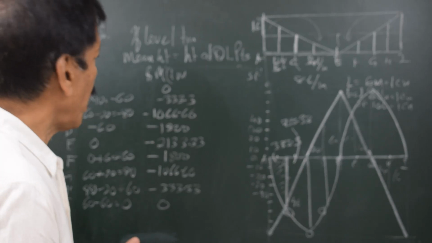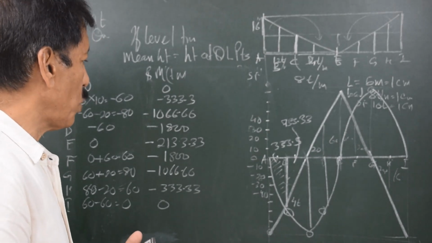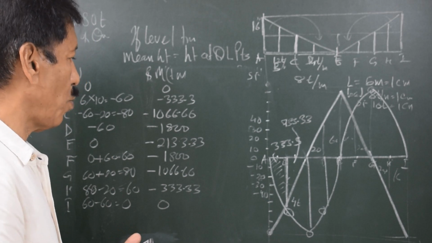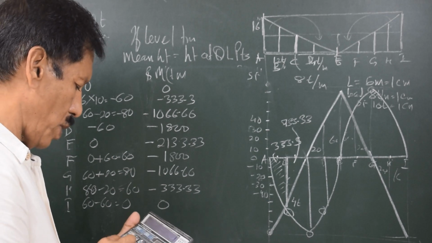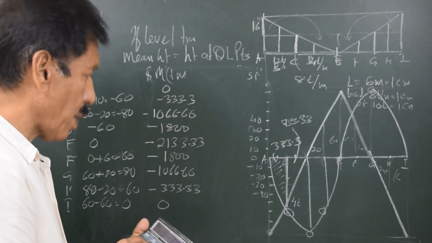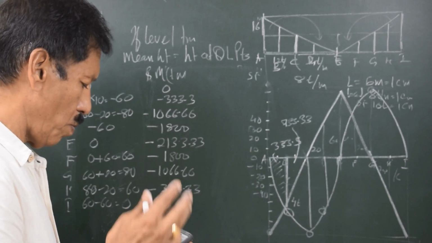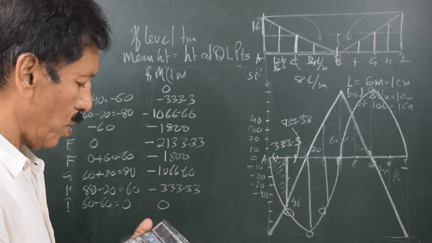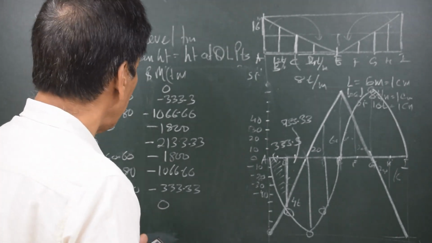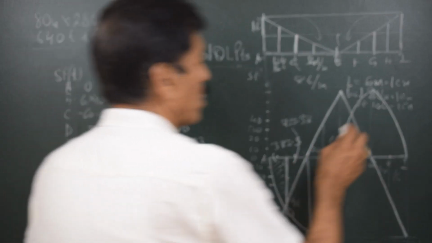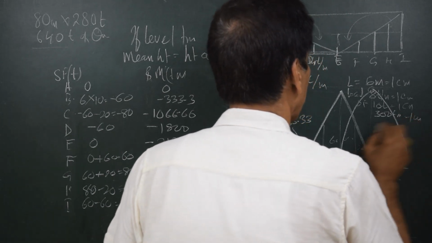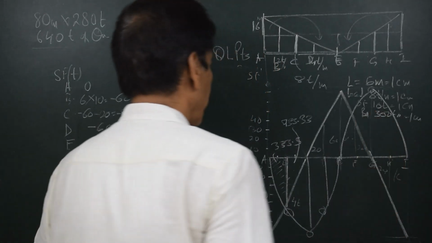Now, what kind of scale should we select? The maximum value is at E, 2133.33. Now 2133 divided by 8, because we want to extend it to 8 centimeters. So we can probably take a scale of 300 tons meter is equal to 1 centimeter. That is the bending moment scale.